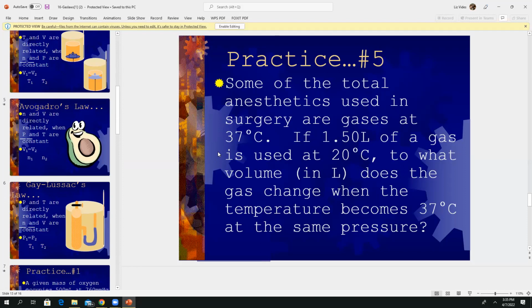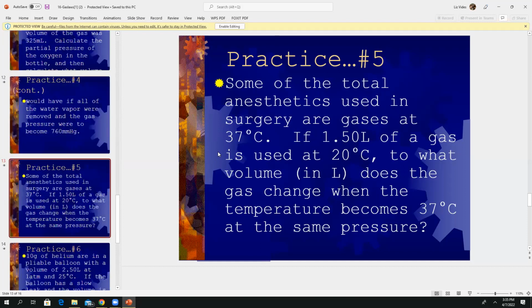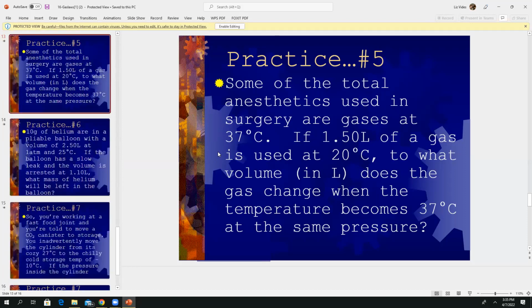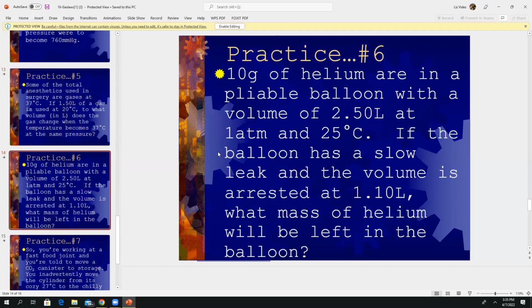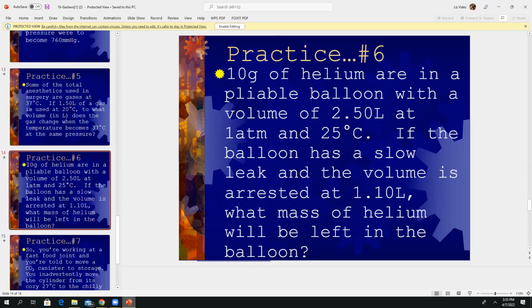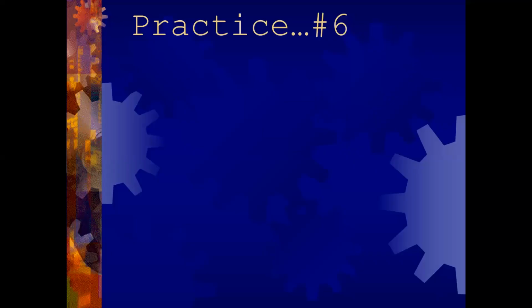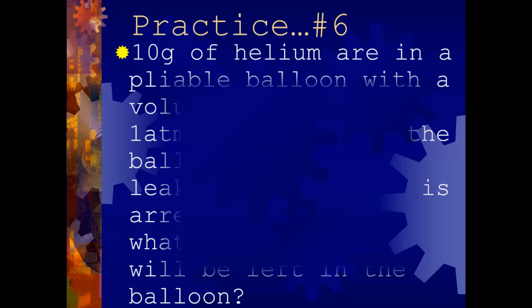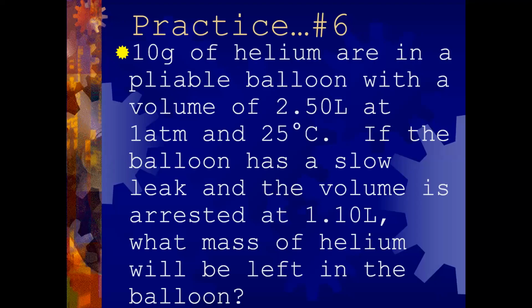Now, like I told you, I like to do these in a linear form. So what I mean by that is I like to rearrange them. Start by having V1 times N2 equal to V2 times N1.